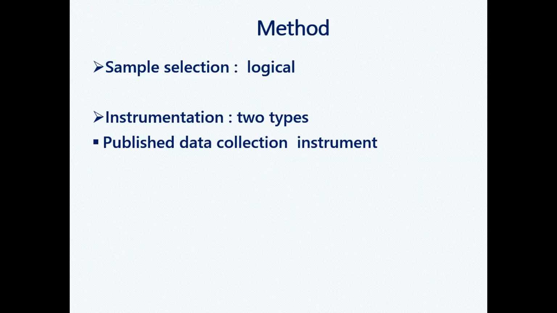First is published data collection, and second is a research developed instrument. When you analyze the literature review, you get published data and reports of different instruments used for finding the data. That is the method used for published data collection.